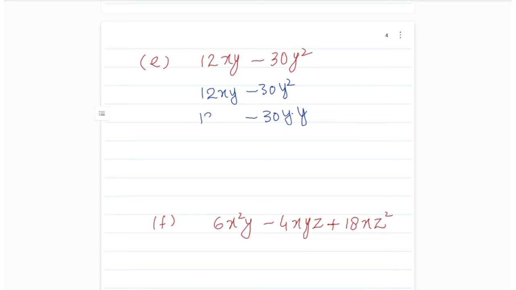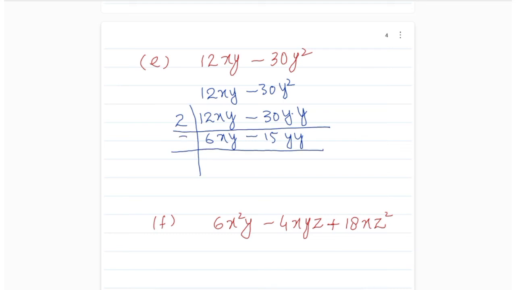Let's see now. 12xy. What is the number which is dividing both 12 and 30, which is 2. Okay, 2 6s are 12xy minus 15yy. Okay, now we can see that 3 is a common divisor, so we'll be dividing by 3. 3 2s are 6xy minus 3 5s are 15yy.